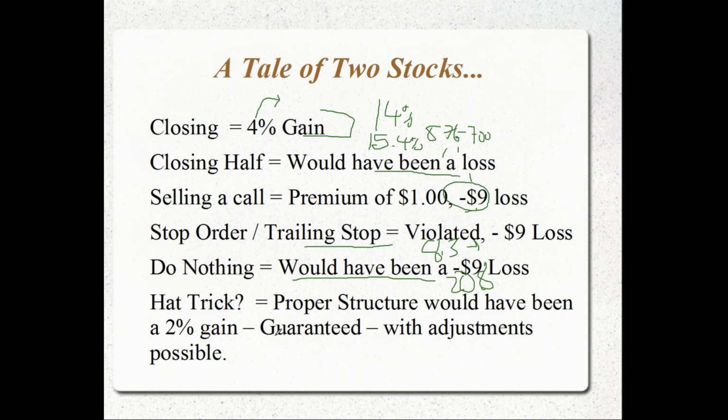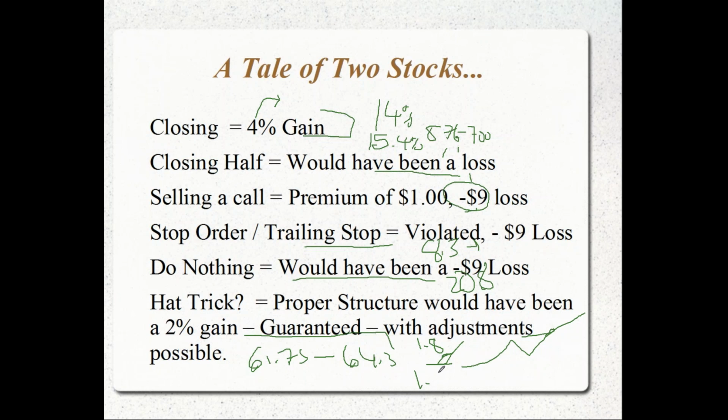And the hat trick? Well, remember at March 17th liquidation, we had less of a gain. But at the same time, if the stock had moved up from 61.75 to that $64 per share, up 4%, with the proper structure, the hat trick could have given me about a 1.8% guaranteed return to the downside with unlimited upside.